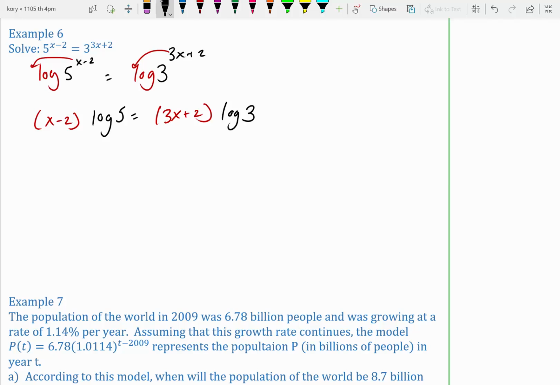Plug it into x and negative 2. Yep, distribute. That's fine. You knew what to do. That's all that matters. So we get x log 5 minus 2 log 5 equals 3x log 3 plus 2 log 3.